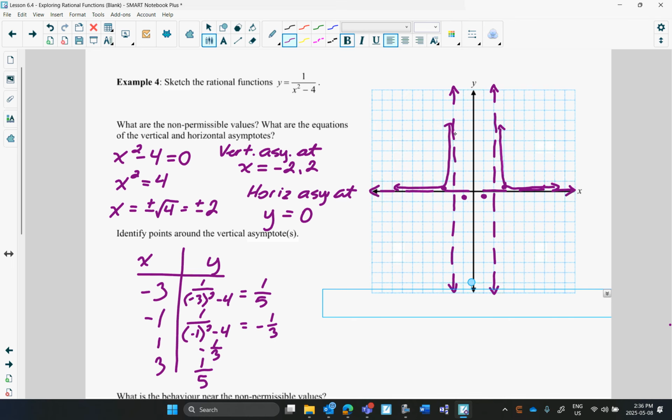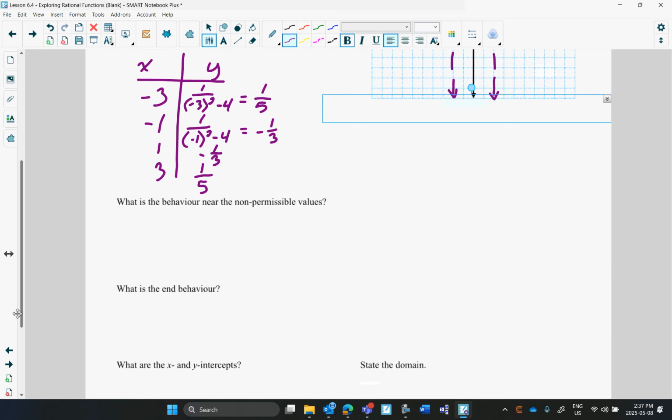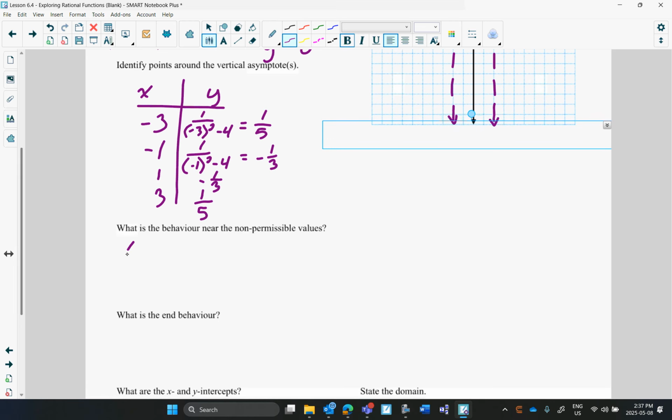To get that, the behavior near the non-permissible values, we already did that.